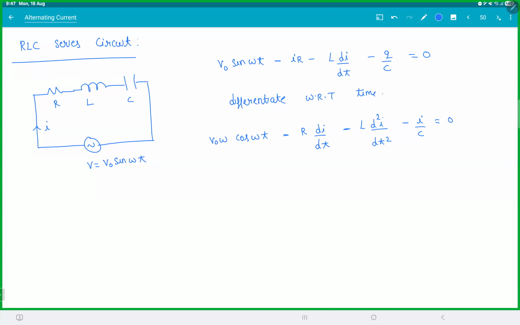If you rearrange the terms a bit, this is the equation.